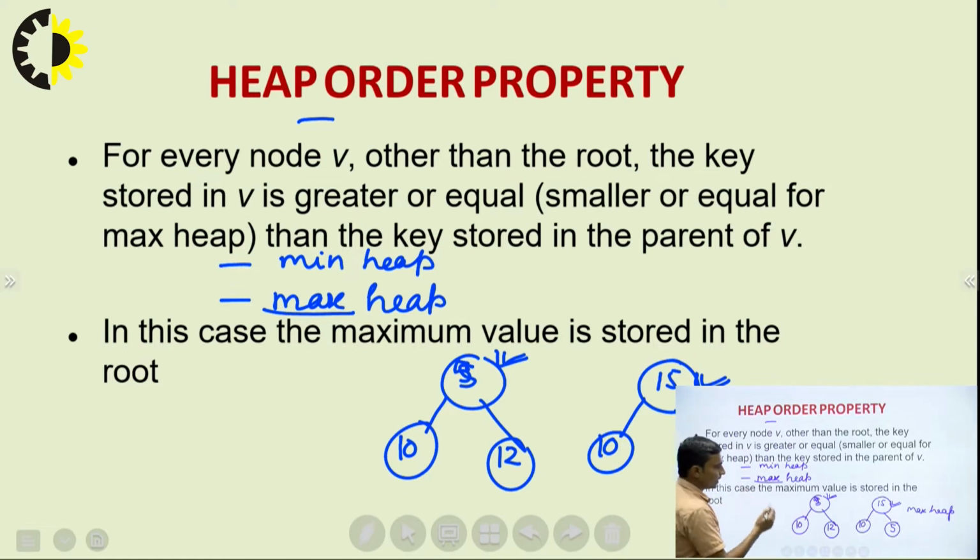And at any particular point, when each node has a value which is smaller than, or equal to, the values of its children, then we call that heap a min heap, or we can say it is following the min heap order.